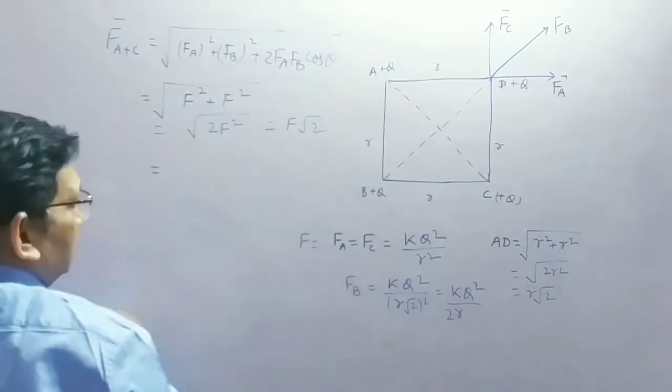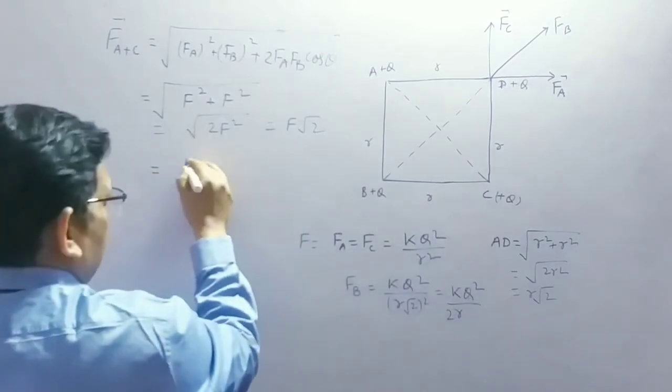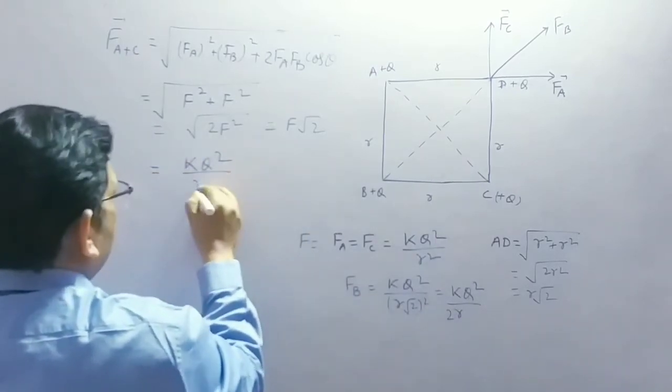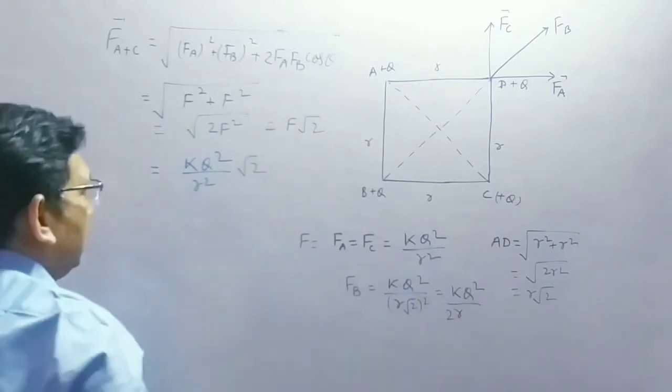So the value of F is KQ square by R square root 2.